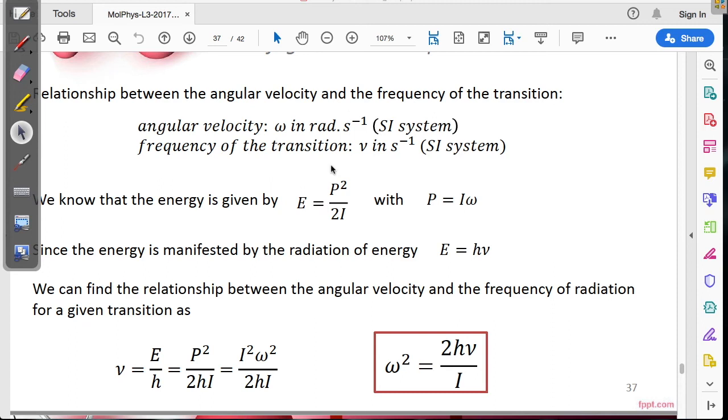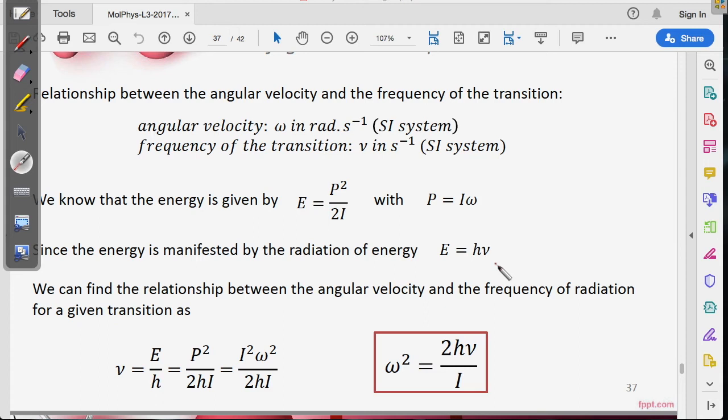Now we express that as if the energy of rotation of the molecule is manifested in terms of a radiation. So the energy of it is h nu. This nu here is not related to the nu bar per se.